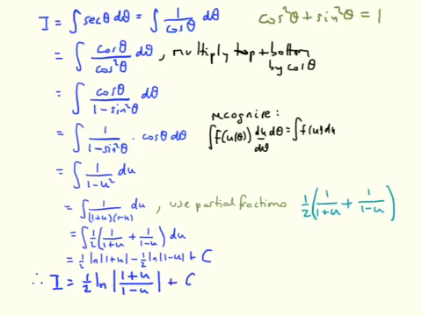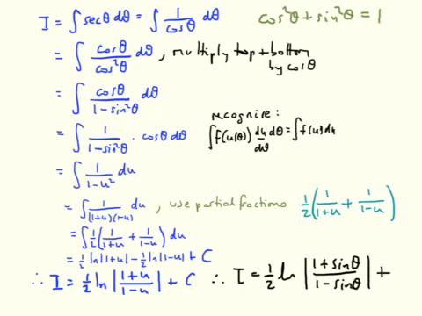And now we recall what u is. u was the sine of theta, so therefore we have that our integral I is a half the logarithm of the modulus of 1 plus sine theta over 1 minus sine theta with an integration constant.